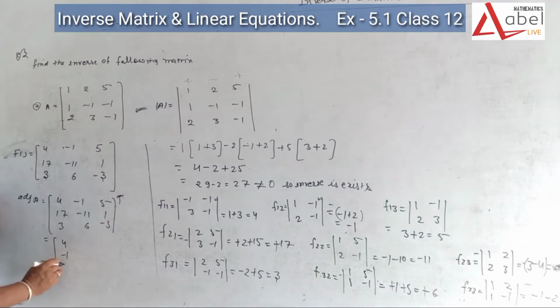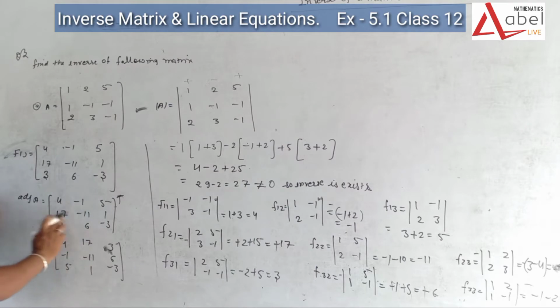So we can say that it is 4, 17, 3, then minus 1, minus 11, 6, then 5, 1, minus 3. So students, this is the adjoint of A.